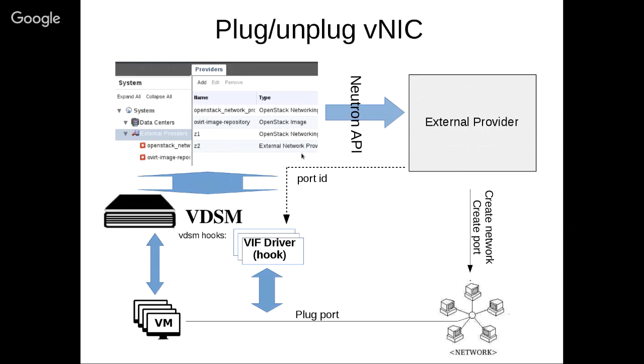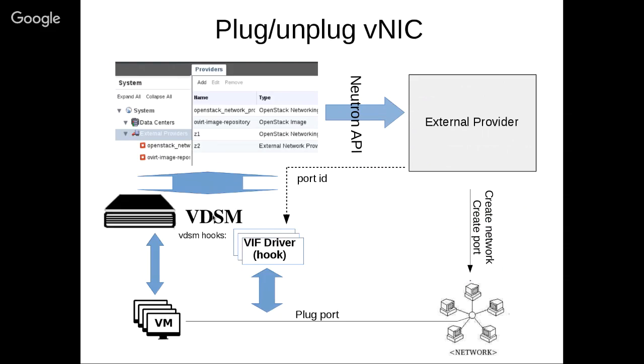The oVirt engine then proceeds to request a specific VDSM host to create a VNIC on a specified VM and plug this VNIC into the external network. The ID of the external port is included in the request. First, VDSM creates the VNIC on the VM.